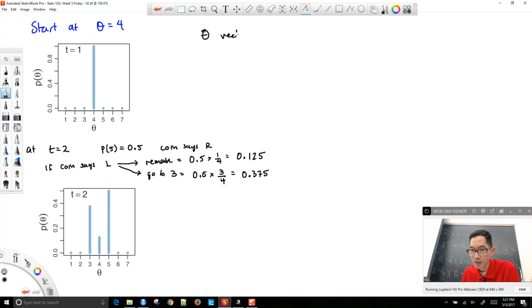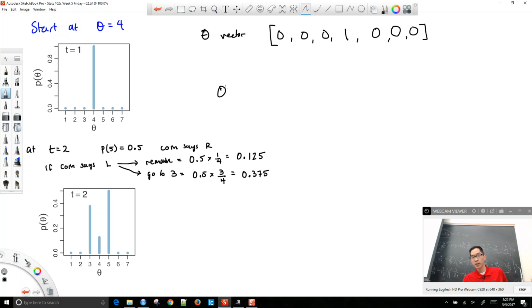Maybe this is not correct, but our original vector is going to be 0, 0, 0, 1, 0, 0, 0, right? And this represents the proportions or the probability of being on islands 1 through 7. So this is represented by this.